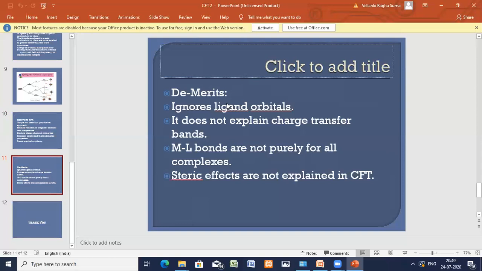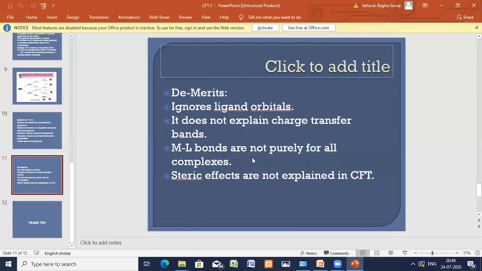It couldn't explain the charge transfer bands. Due to charge transfer, bands appear, but how and why couldn't be explained. The M-L bonds are not purely electrostatic for all complexes.